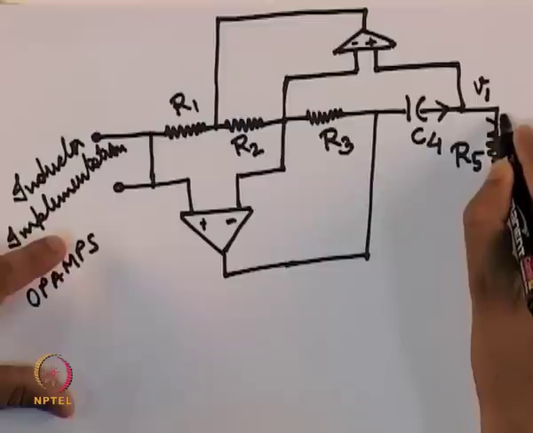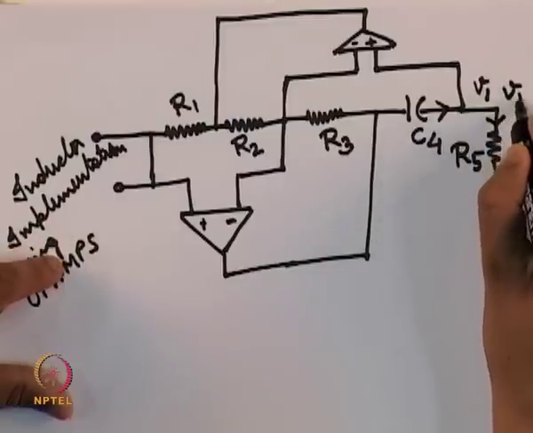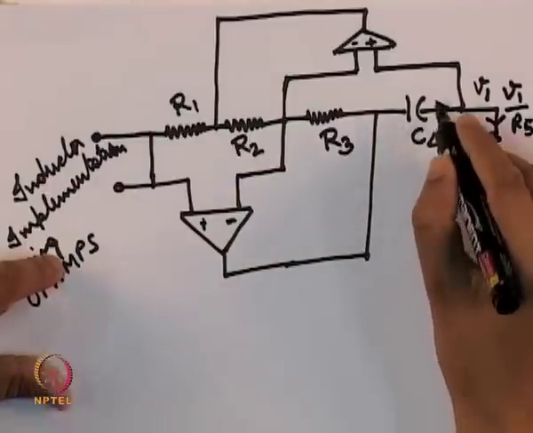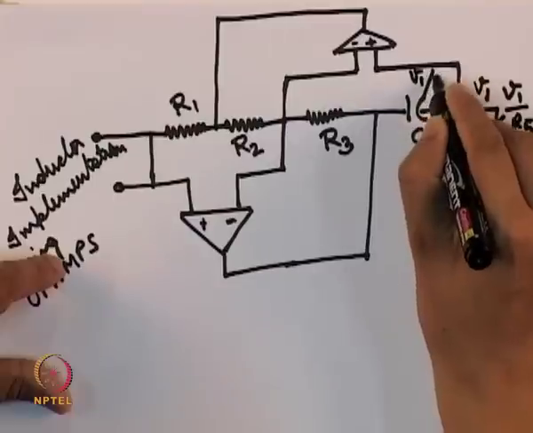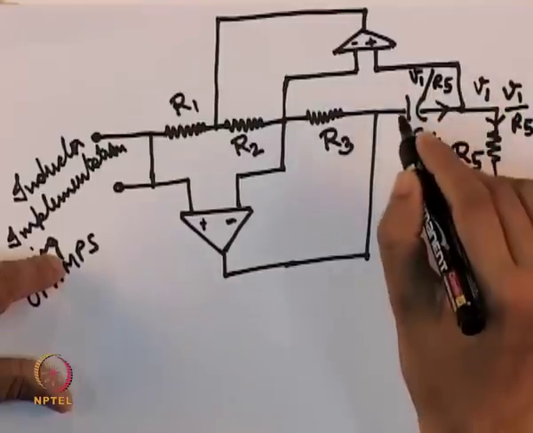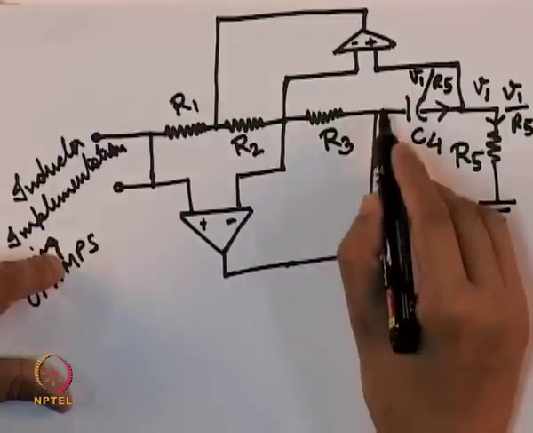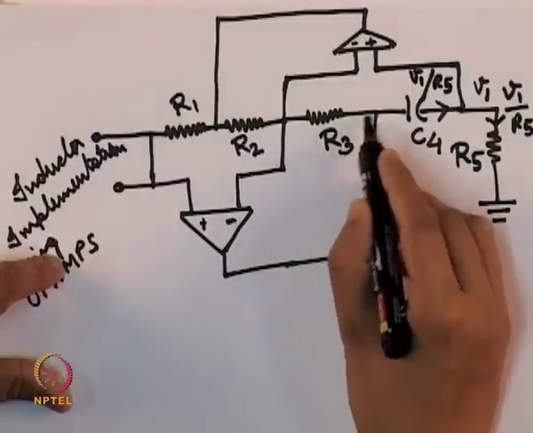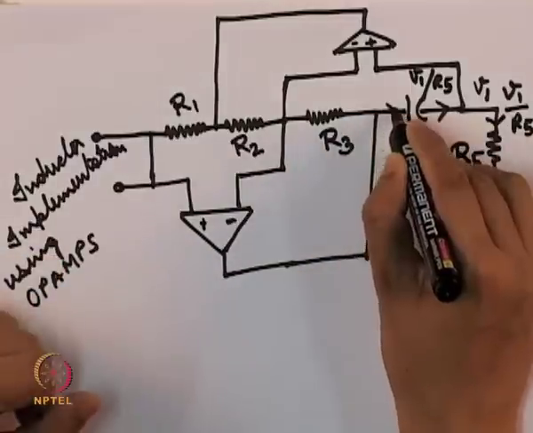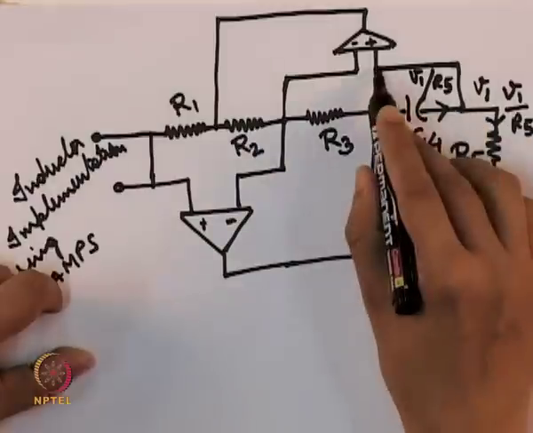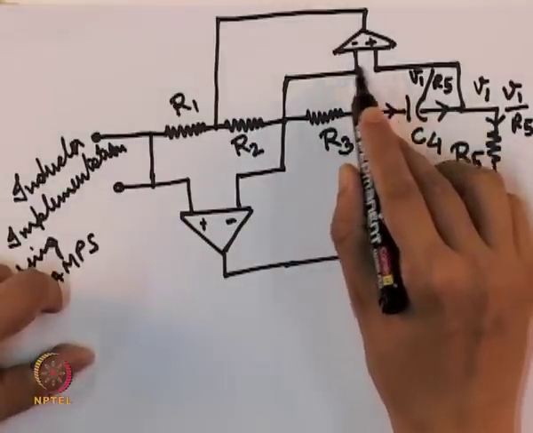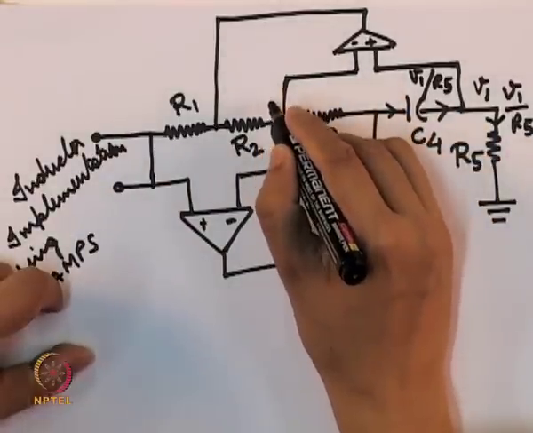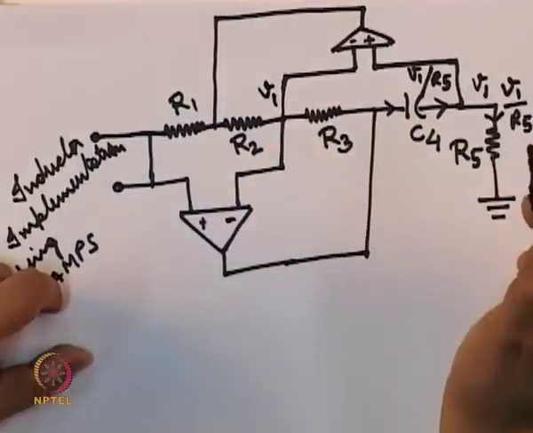The current flowing through this arm is V1 upon R5. So, that must be the current flowing through this arm. Since V1 is the voltage at this terminal, due to the virtual short, the voltage at this terminal also should be V1.